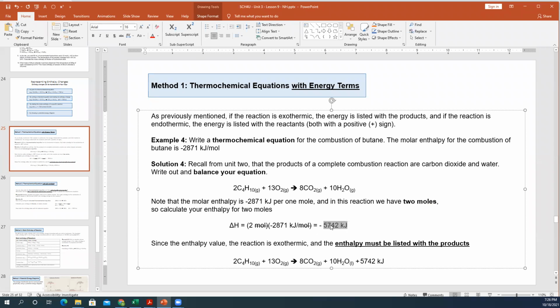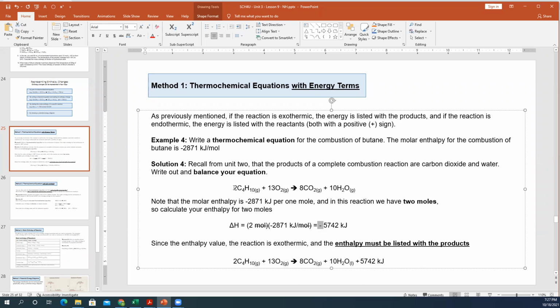And then we can use this as a part of our equation. We can put it into our balanced equation. And since this is an exothermic reaction, the enthalpy is negative. It's an exothermic reaction. So the enthalpy must be listed on the product side, on the right side.